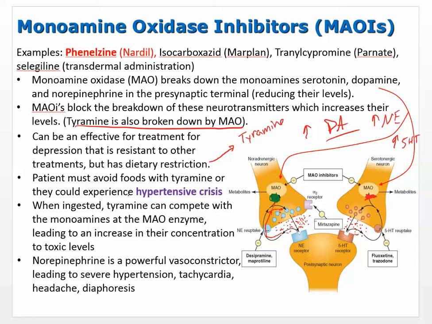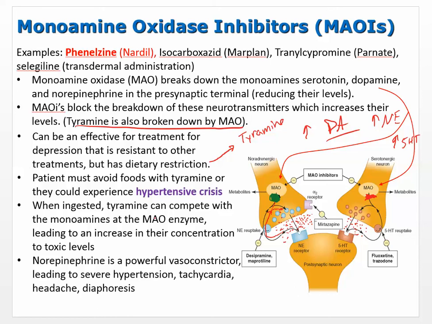So the patient has to avoid foods that have tyramine, or they could experience hypertensive crisis, and it makes sense because you're putting in something that's competing with all of them. It's competing with serotonin, dopamine, and norepinephrine, but the norepinephrine causes the problem. Norepinephrine levels build up, and then you have systemic vasoconstriction, which is going to cause hypertension.